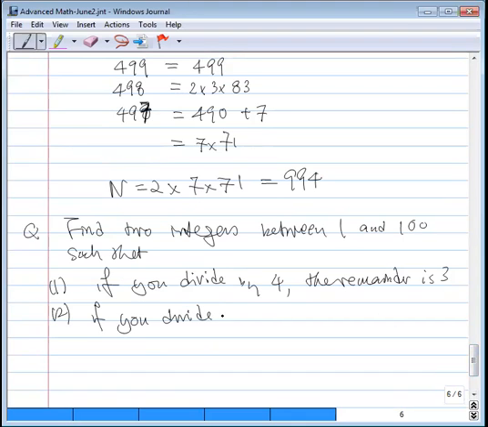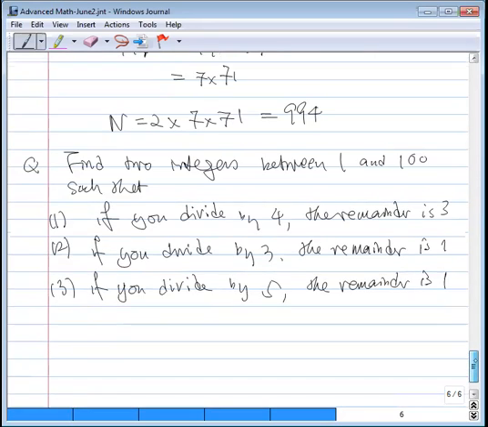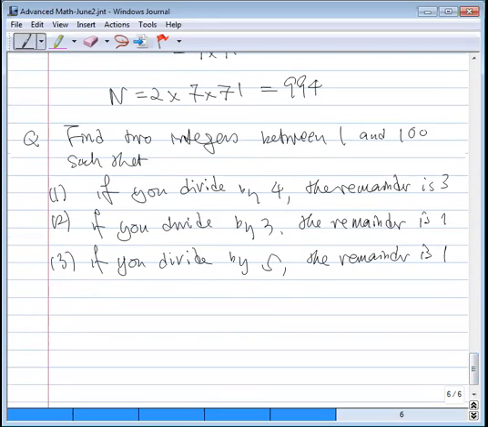No, just find the two integers with the same properties. Okay? 2. If you divide by 3, the remainder this time is 1. The third condition is, if we divide by 5, the remainder is still 1.